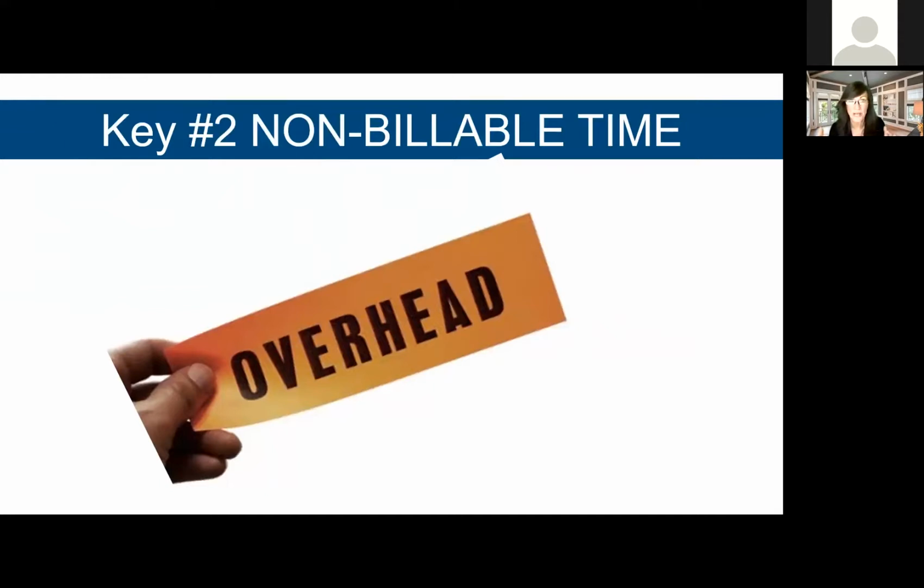So non-billable time is crucial: making sure that every person who's doing tasks or assignments that are not chargeable to your clients or projects, that you are maximizing the value your company gets from your employees' non-billable time. So I want you to give your company a score of 1 to 10 on how well you budget, manage, scrutinize, analyze, and prioritize what people are doing when they're not able to be billable.